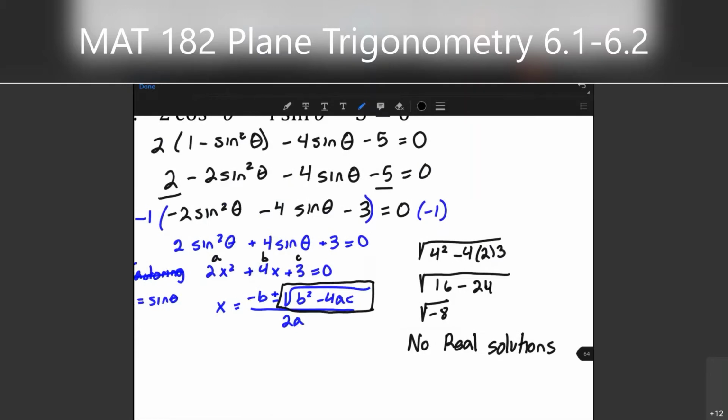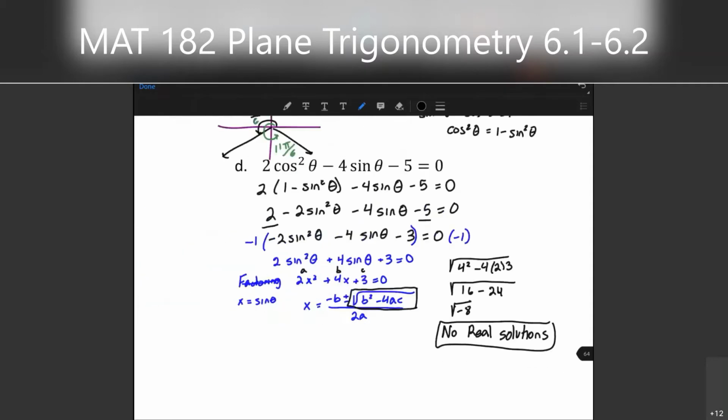I would stop my solving process here, because we get a discriminant that's negative and it will not produce any real solutions.